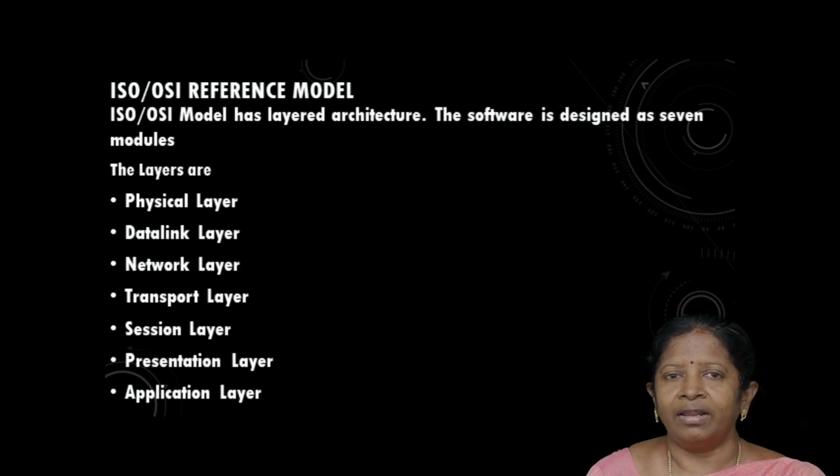This model is arranged in the form of a layered architecture, and there are 7 layers. These layers are implemented as software modules so that if one module is to be modified, then the coding corresponding to that module itself will be changed without affecting other modules.